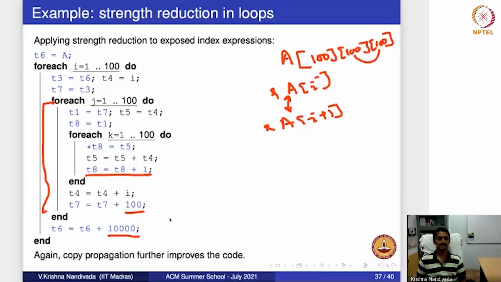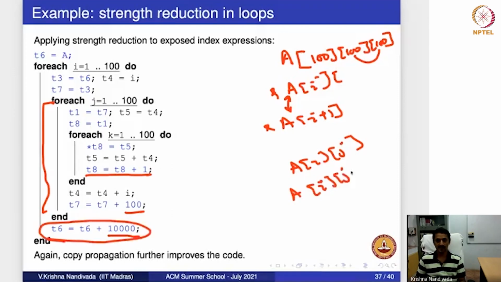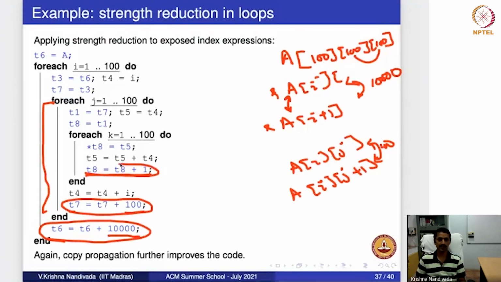And between A sub ij and A sub ij plus 1, the difference is 100 elements. So here the difference is 10,000 elements. It's 100 elements. So I'm doing T7 equal to T7 plus 1. And we have already seen this one plus 1.